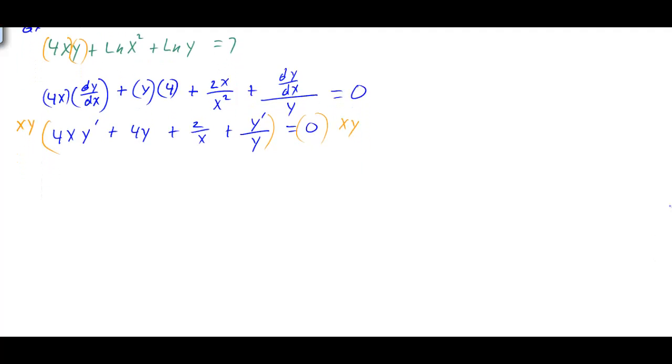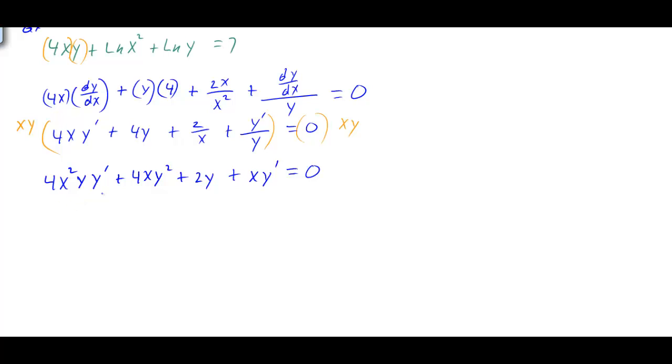And if we multiply both sides by xy, here we would end up with 4x squared y times y prime plus 4xy squared plus, now the x's cancel, so we're left with 2y, plus the y's cancel, and you're left with x y prime equals, and of course multiplying by 0, that remains 0.